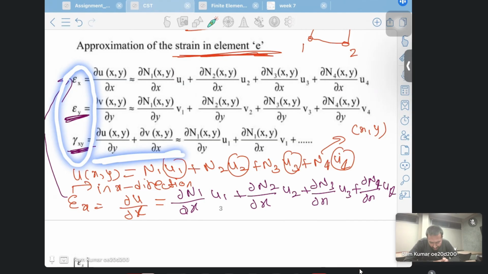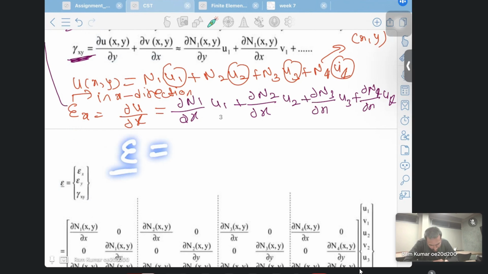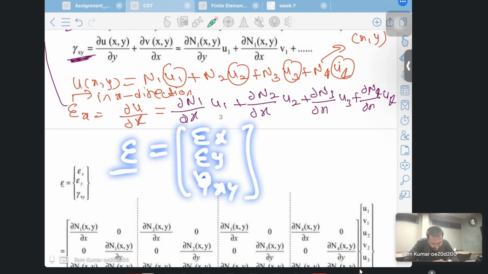So again, what we can do, we are writing in matrix form. The above equation we can write in matrix form. How? Strain vector equal to strain in x direction, strain in y direction, and shear strain.